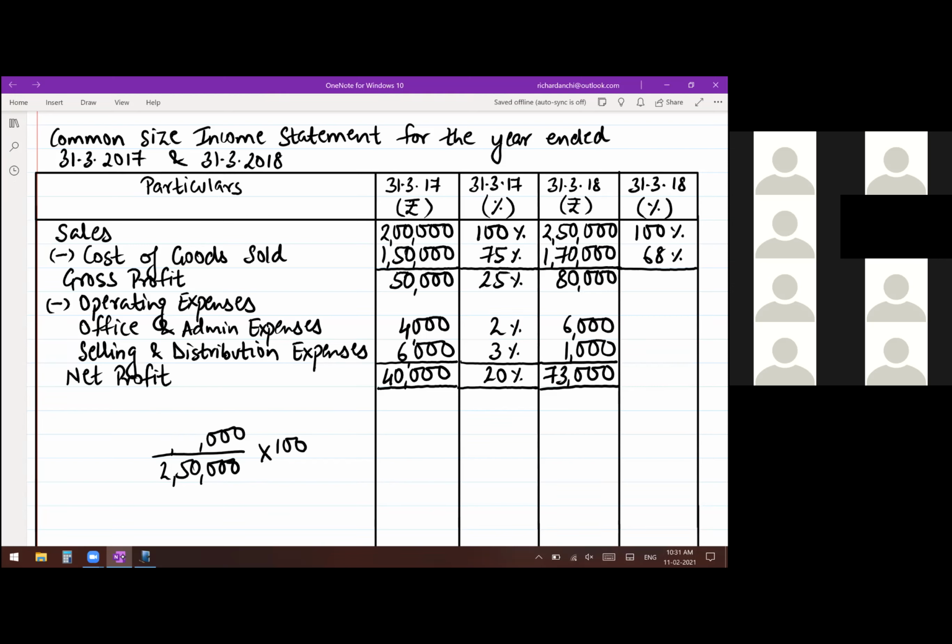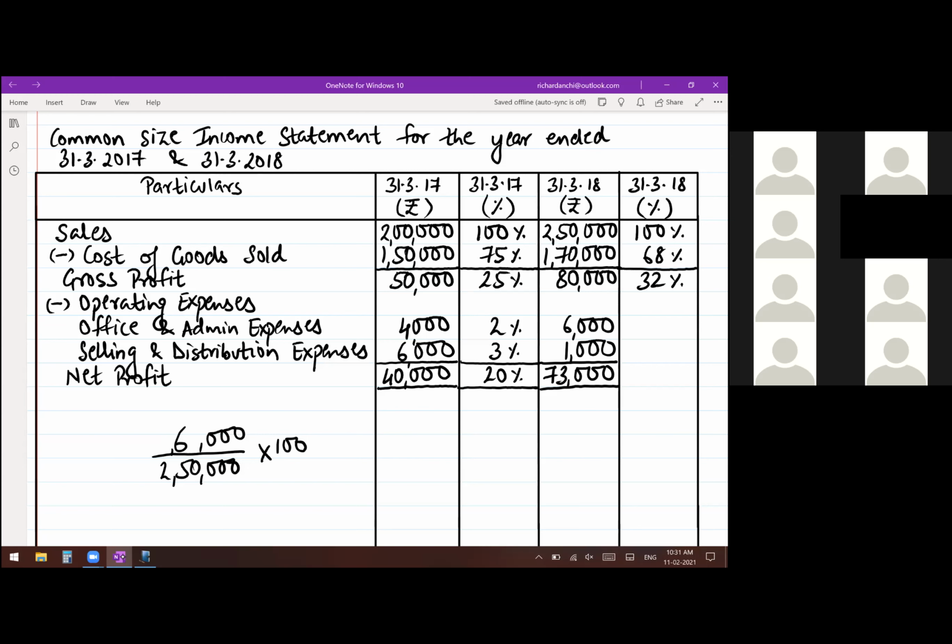But if you want to cross verify, it will be 80,000 divided by 2,50,000 into 100. 32%. Both ways it comes to 32. Whether you calculate as a percentage or do sales minus cost of goods sold, it comes to 32%.